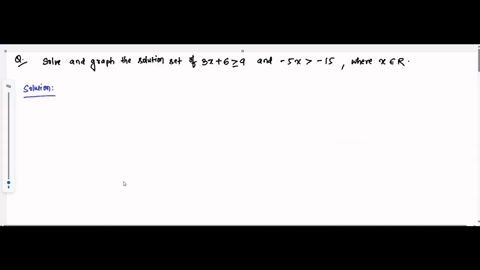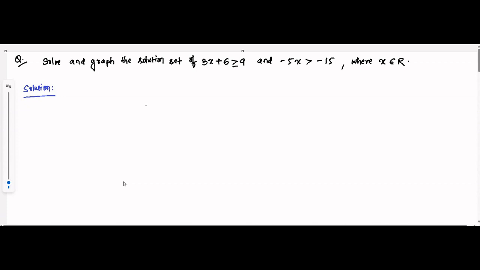So here is another question on linear inequation in one variable. Here it is given to solve and graph the solution set of 3x plus 6 greater than or equal to 9 and minus 5x greater than minus 15, and x belongs to the set of real numbers.